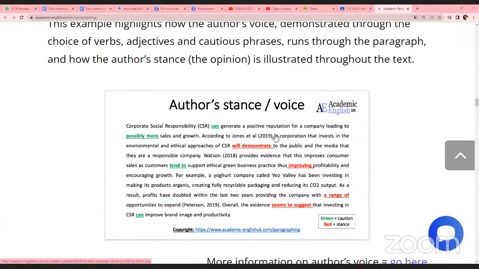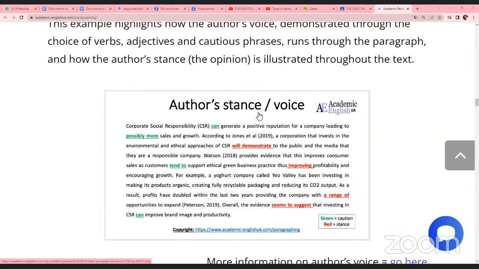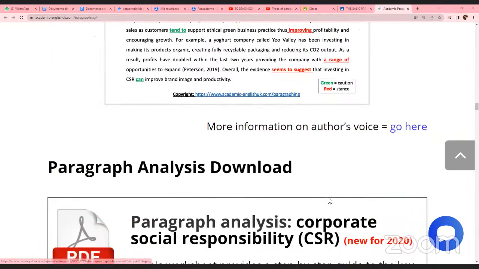In that case, yes, you can give your own opinion, or maybe others' opinions. But for the rest of the essays, no, we don't do that. Okay, and we have can: can is the caution, and red is the sense.